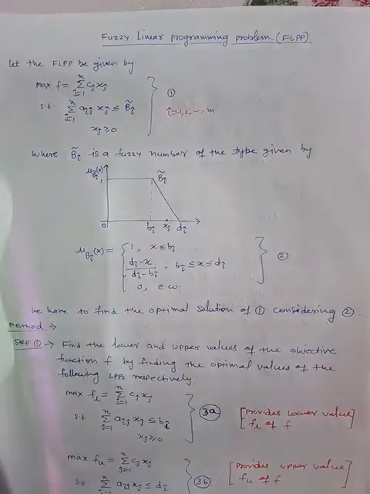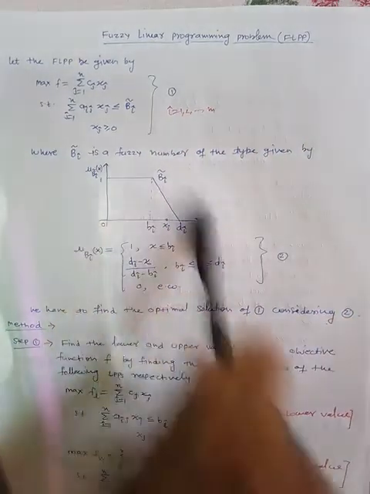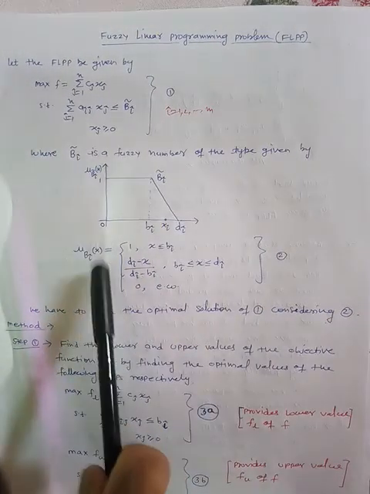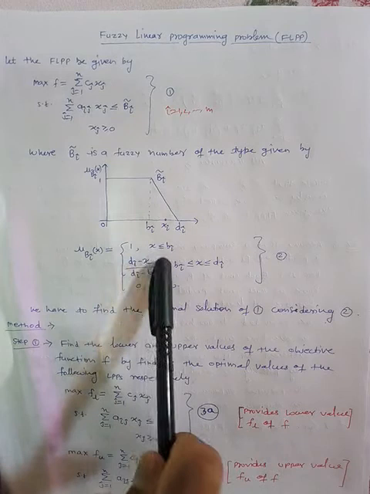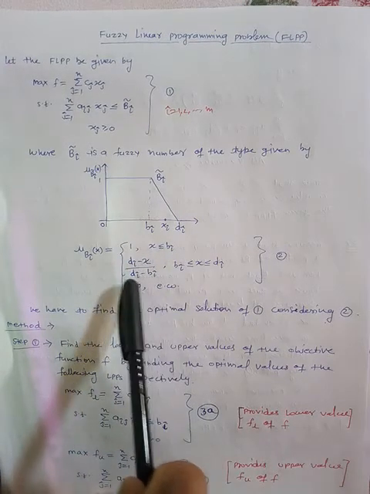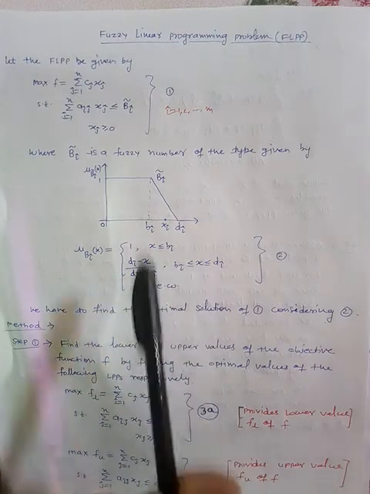Let us see the case where bi is a fuzzy number of the type given here. The membership of bi at x is 1 when x is less than bi, and (di minus x) divided by (di minus bi) when x is between bi and di.